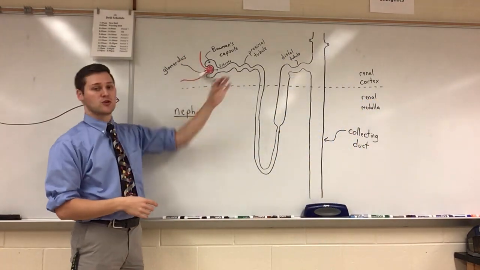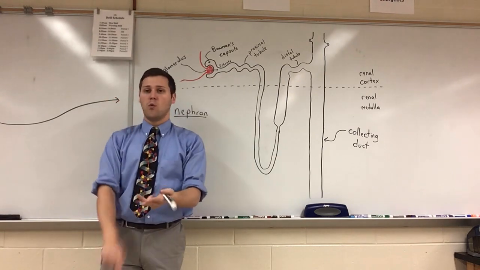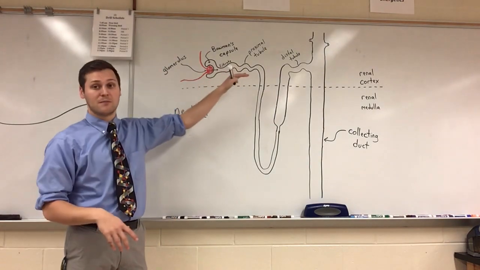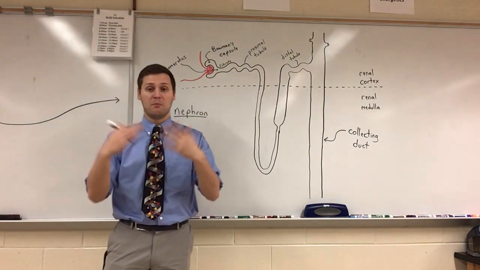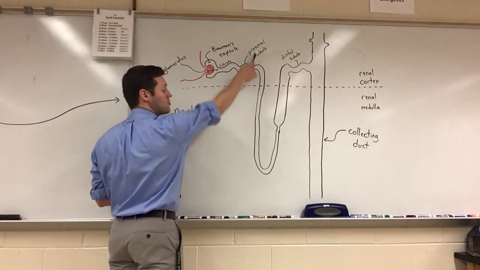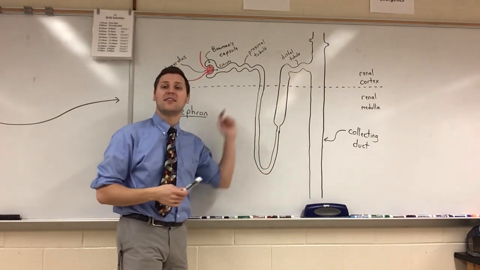So we pull out a filtrate with everything in it: glucose, salts, water, everything that's in blood plasma is going to be pulled out. Now, a lot of that stuff gets pulled back in, glucose especially, amino acids especially. They get pulled out right in the proximal tubule. But this is where I want to focus, on the loop of Henle.